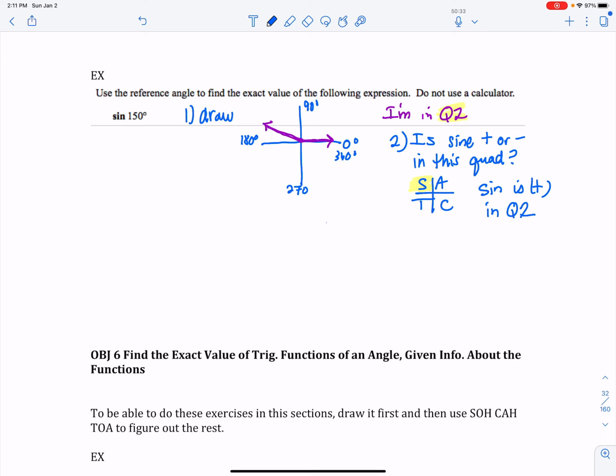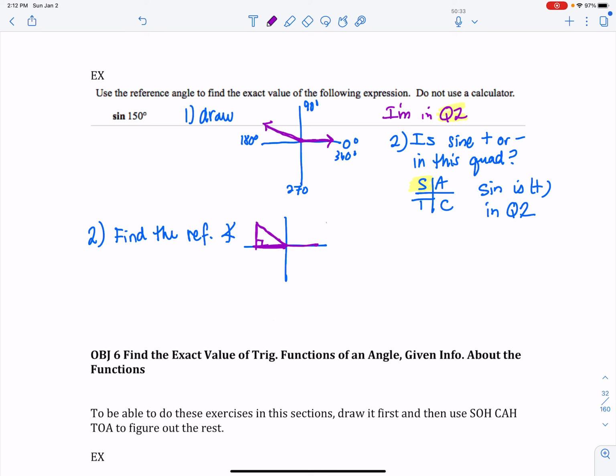Okay, all right. So your next step is to find the reference angle. Okay, since I'm in quad 2, and I'm looking at that terminal side of the angle, I can create the triangle with the x-axis.